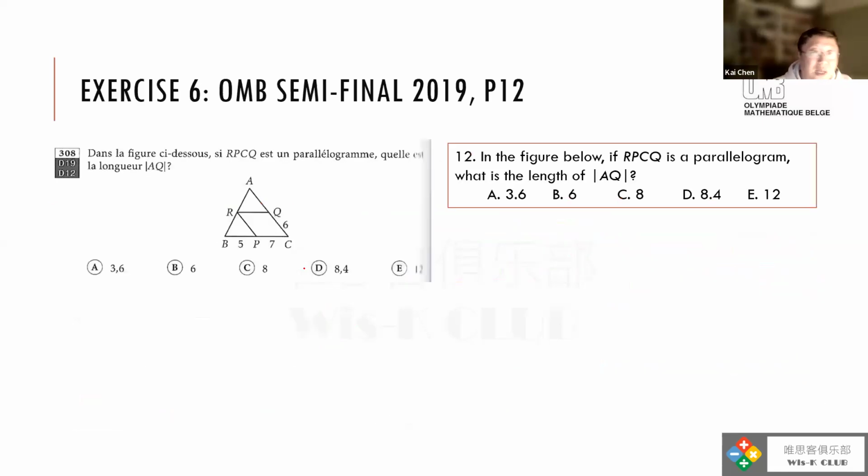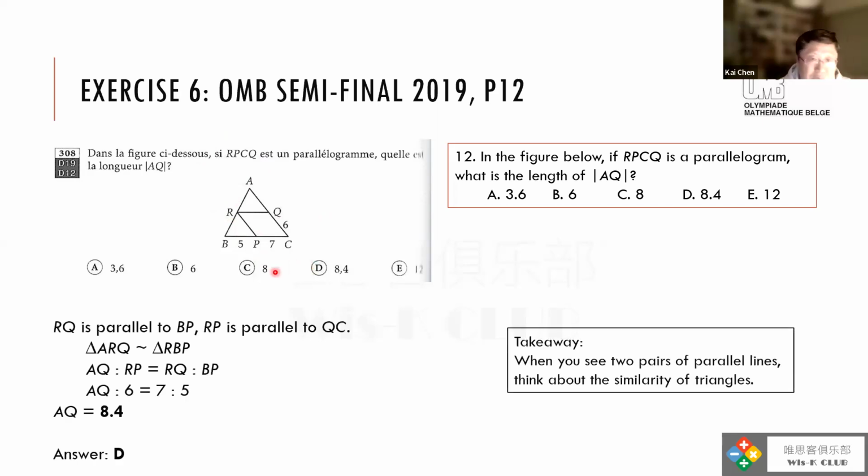Okay. Number 6, I think you should be very familiar. We have the same or similar questions as for the similar triangles, but that one comes from AMC 8 or AMC 10, and in the OMB you see they have exactly the same figures, but maybe the values are different.